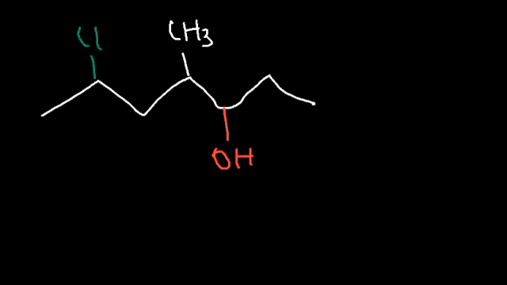So let's say if we have an OH group here, a CH3, and a Cl. So we need to give the alcohol priority. So we need to count it from right to left so that the OH will have a smaller number.